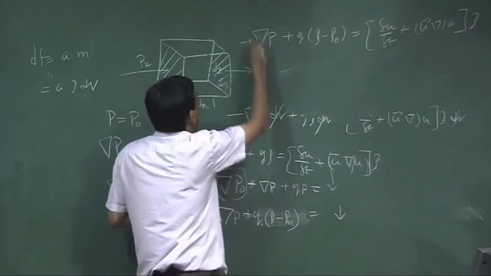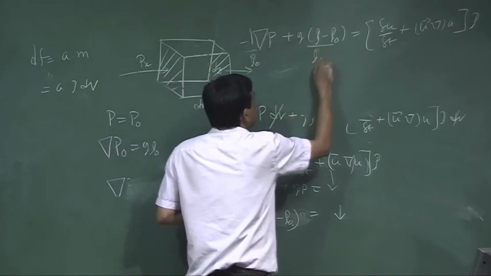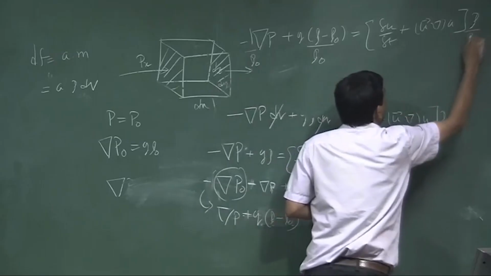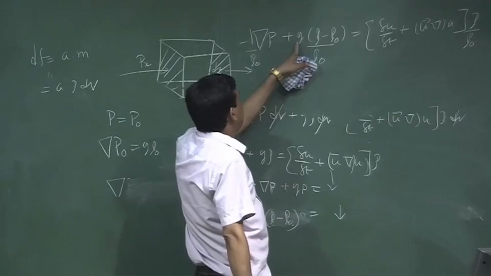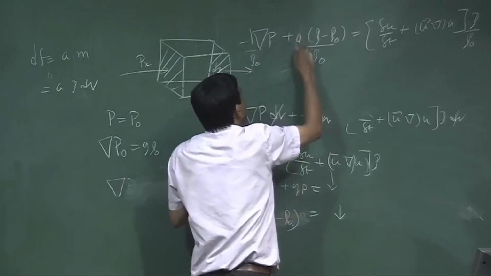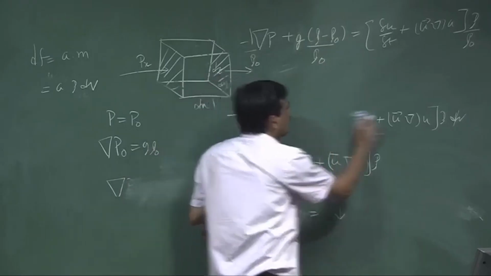Now, I divide by 1/ρ0 on both sides, so I get p by ρ0. Is that okay?